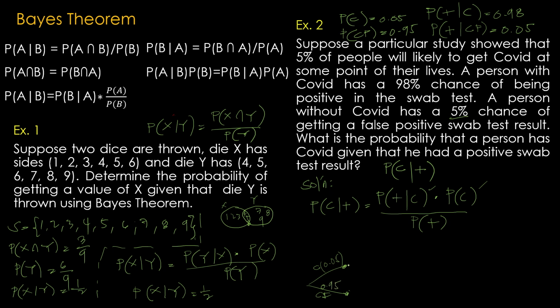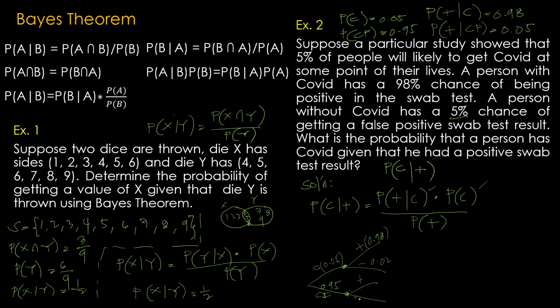Okay? And if swab test ka, the probability of getting a positive test result given that you already have COVID is what? 0.98. And what is the probability of getting negative given that you already had COVID? So kung 98 ni, so therefore this should be 0.02.